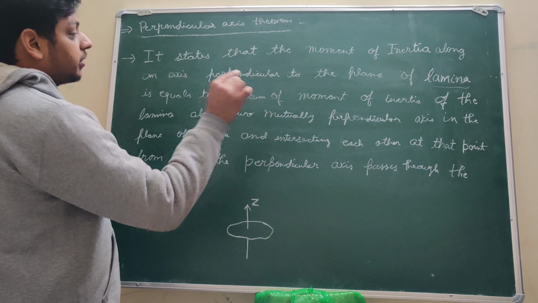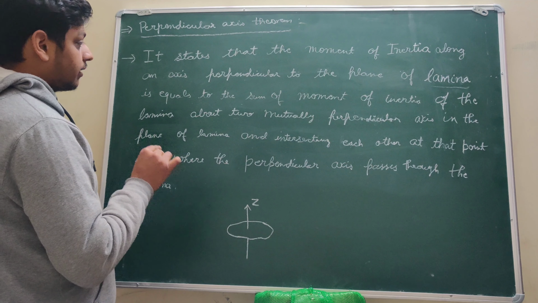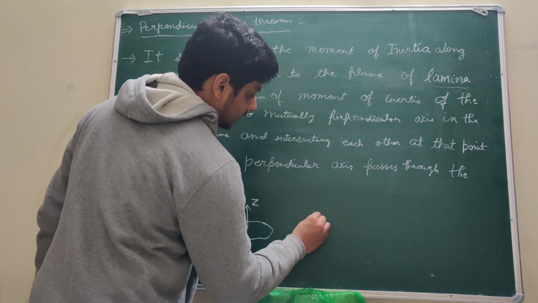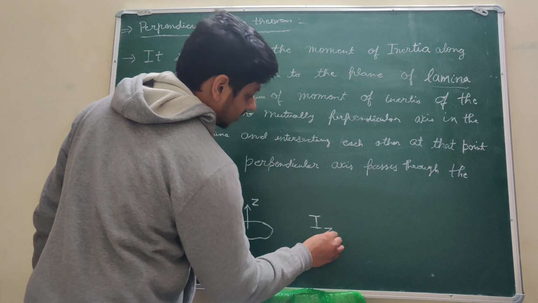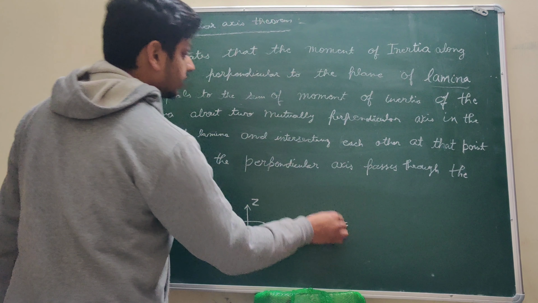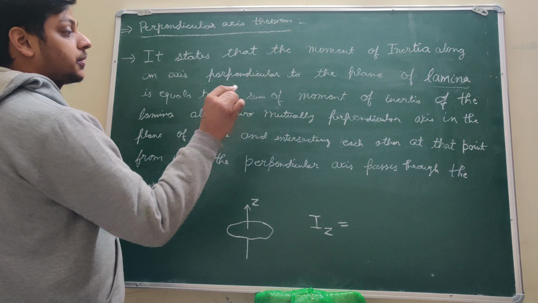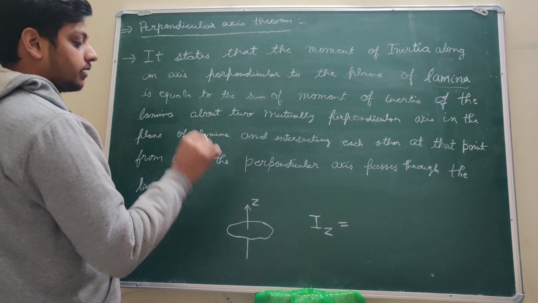It states that the moment of inertia along an axis perpendicular to the plane of lamina is Iz. Moment of inertia along the perpendicular axis is equal to the sum of moment of inertia of lamina about two mutually perpendicular axes in the plane of lamina.